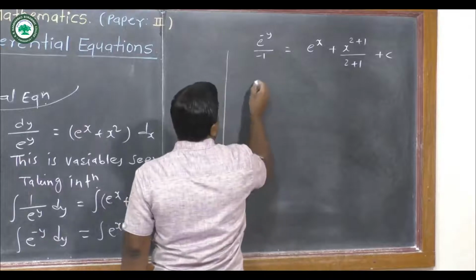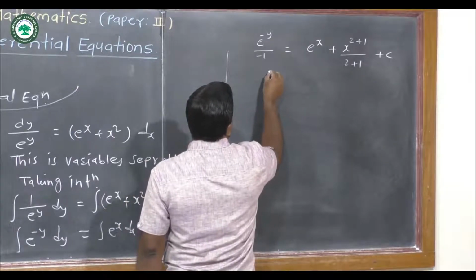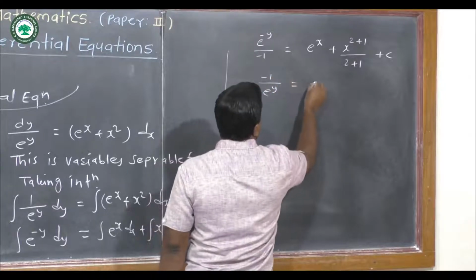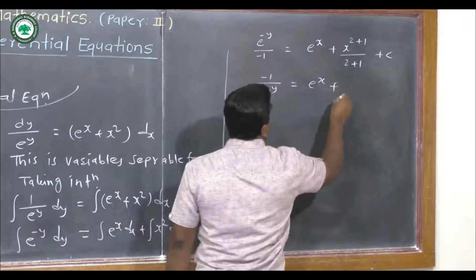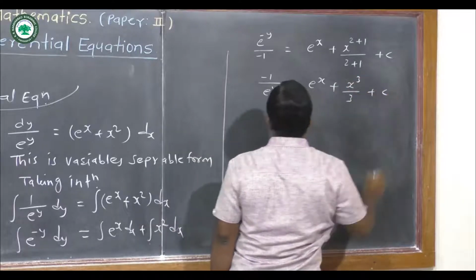That is, e raised to minus y means 1 upon e raised to y equal to e raised to x plus x cube upon 3 plus c.